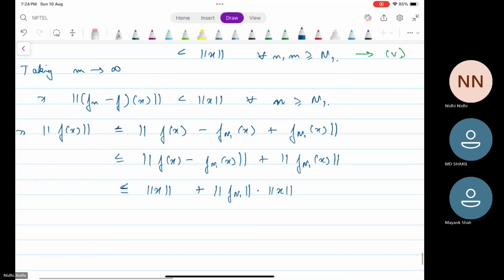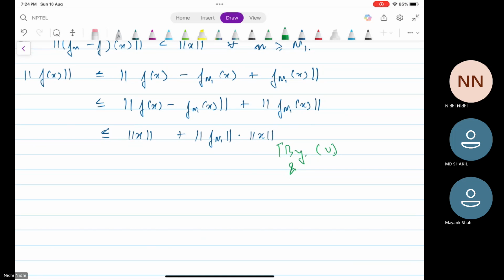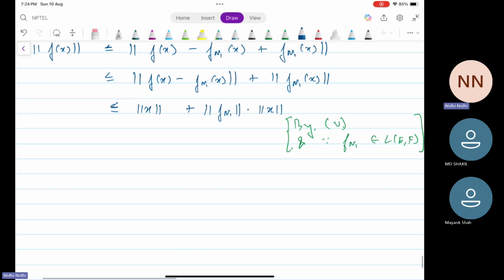And since this Fn1 belongs to L(E,F), this is equal to 1 plus norm Fn1 times norm x.